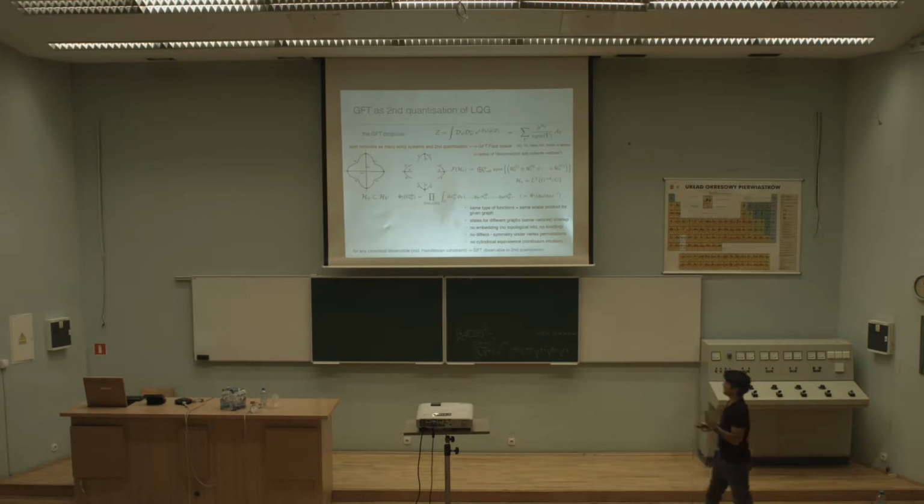So this is just the intuitive picture. How you technically do it is explained here, but the point is to say that for any state in the standard Hilbert space in loop quantum gravity, you can find a corresponding state in the Fock space of the group field theory, in which you reinterpret a spin network state as a many-body state. Okay? So that's the basic idea.